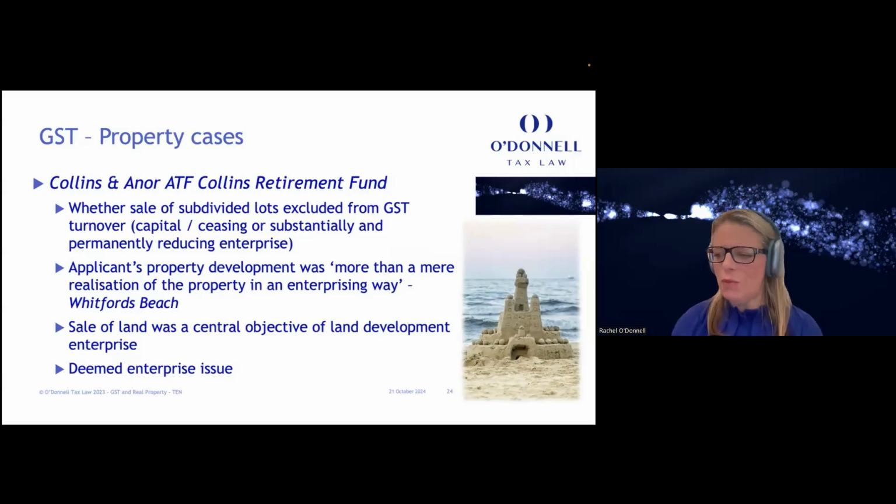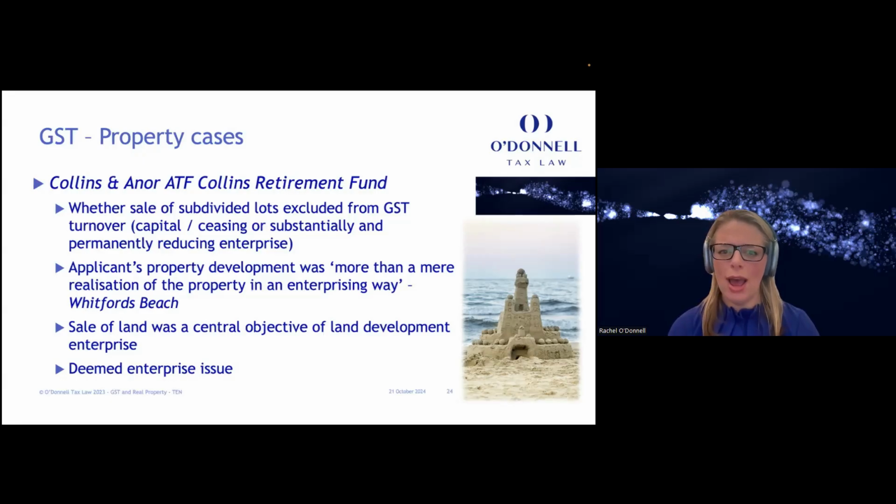The problem here was that the decision found that they'd engaged experts to obtain the subdivision. They had obtained development approval from council to subdivide into 11 lots. They had actually actively marketed and had something that was more than a mere realisation of the best method to sell the property.